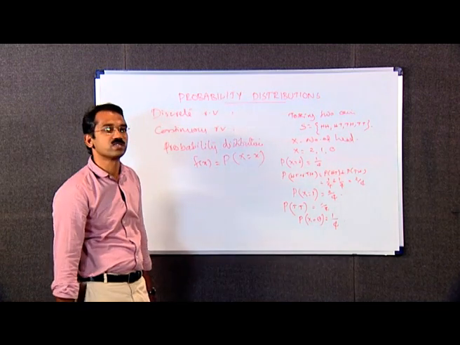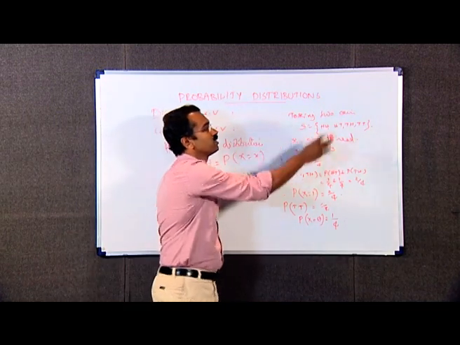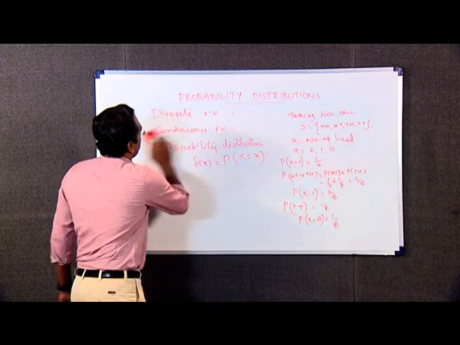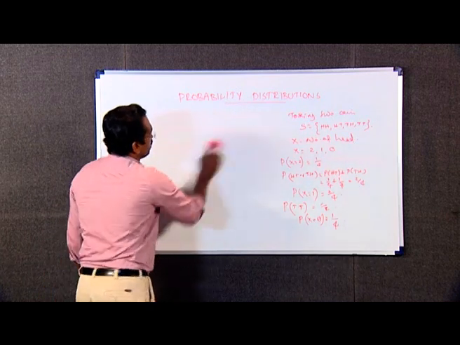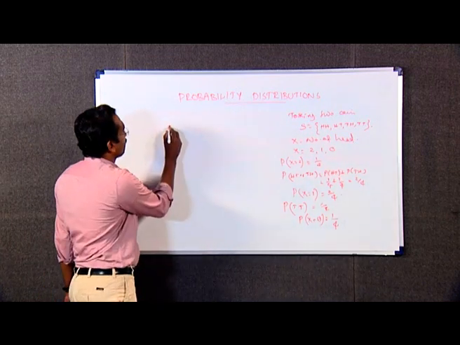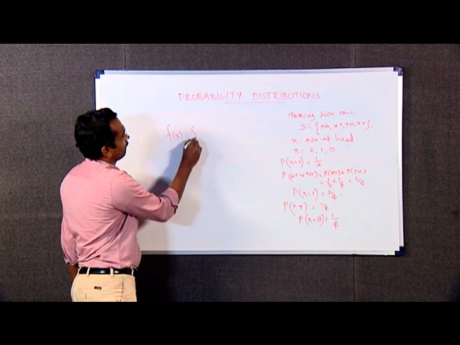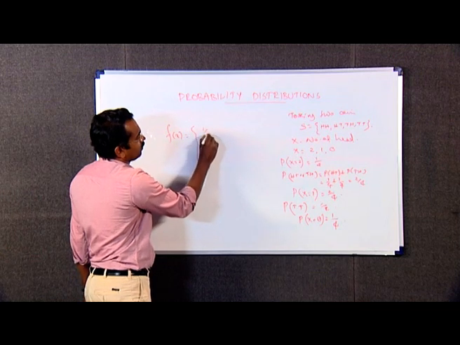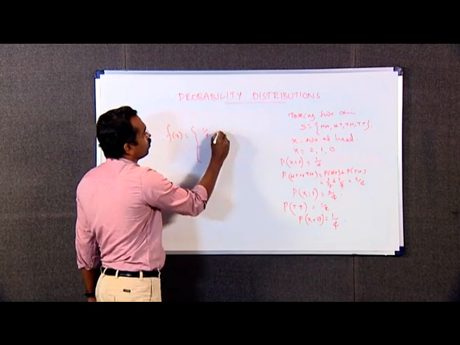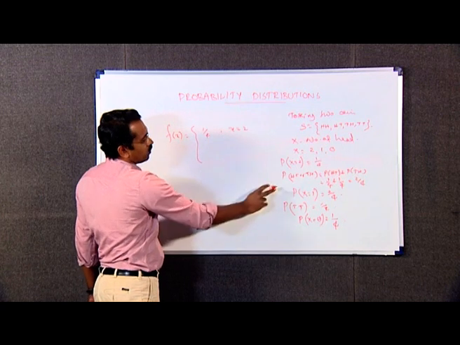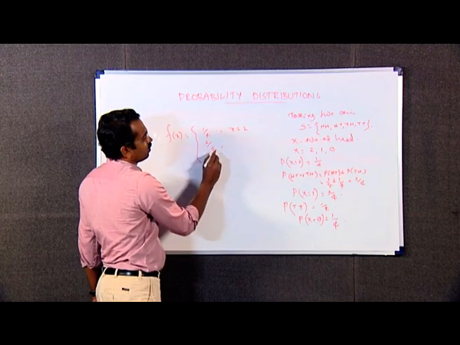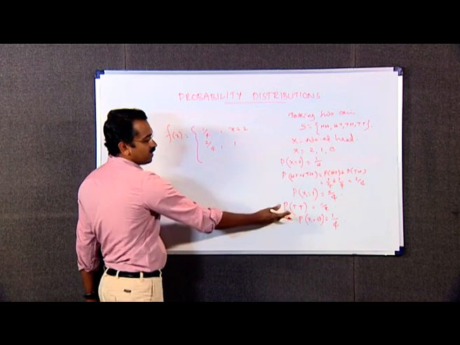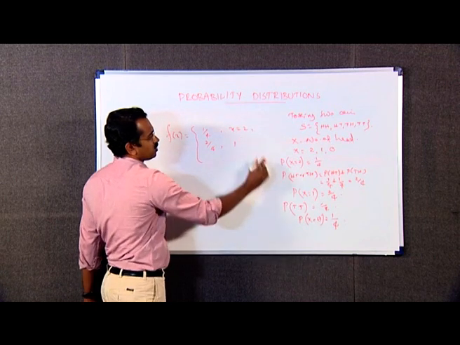Thus, the probability distribution corresponding to this experiment can be expressed as f of x is equal to 1 by 4 for x equal to 2, 2 by 4 for x equal to 1, and again 1 by 4 for x equal to 0.